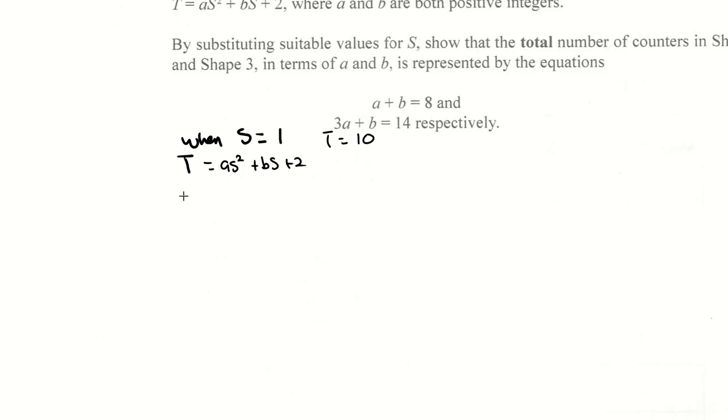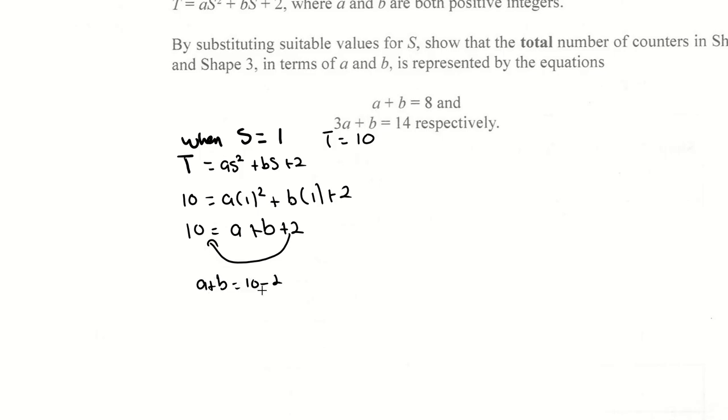So you're going to put 10 is equal to a by 1 squared plus b by 1 plus 2. So this would be 10 is equal to a plus b plus 2. I carry across the 2. This is how I got a plus b is equal to 10 minus 2. So a plus b is equal to 8. So I showed that one for shape 1.